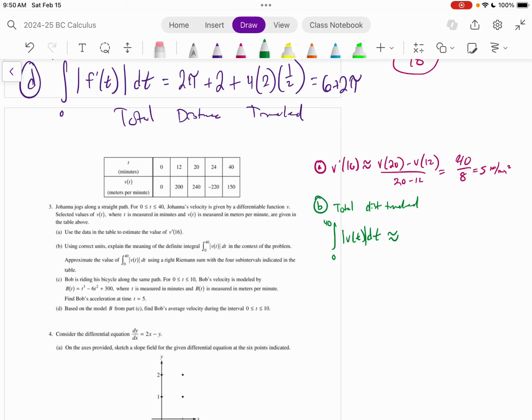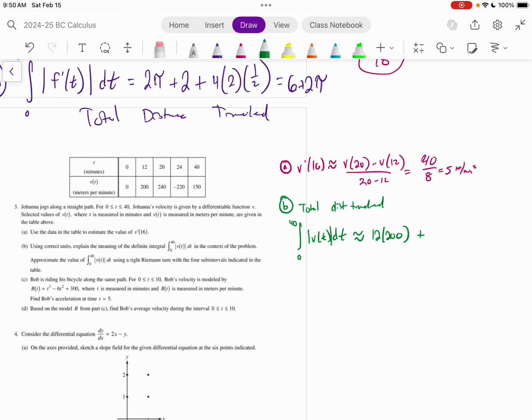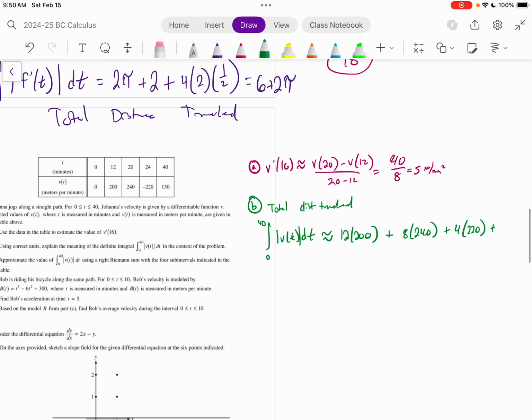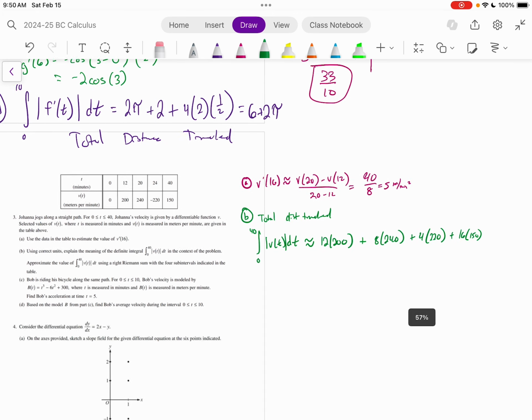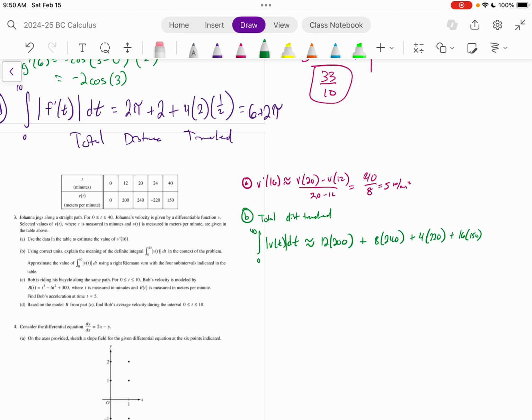And so the right Riemann sum, right, we're going to get 12 times 200 plus 8 times 240 plus 4 times 220 plus 16 times 150. Yikes. I don't care what that is. I would just leave it like that, but that's what that is. And units would be, should just be meters, right?